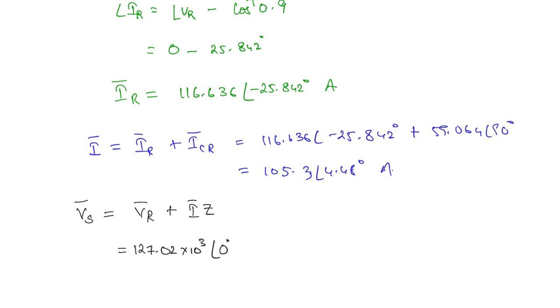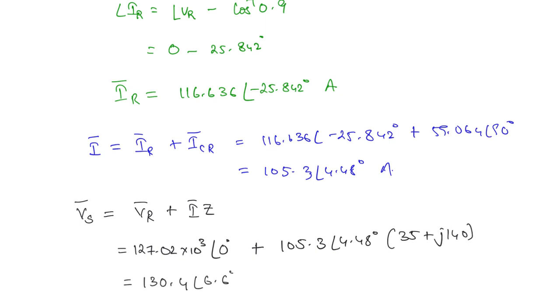So 127.02 into 10 cube, angle 0 degrees plus 105.3 angle 4.48 degrees into 35 plus j140. If you simplify, you're going to get 130.4 angle 6.6 degrees kilovolt. So what is delta here? 6.6 degrees. Now this is the phase.